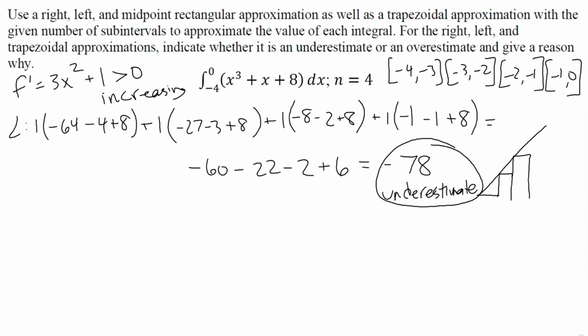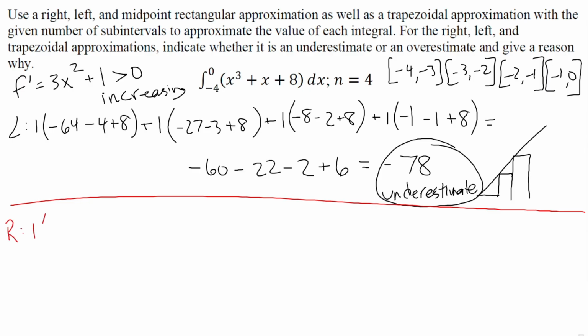For our second one, for our right approximation here, we're just going to do 1 times the right endpoint. So at -3, that was this value right here, -22. And then we'll add to that 1 times the value at -2.